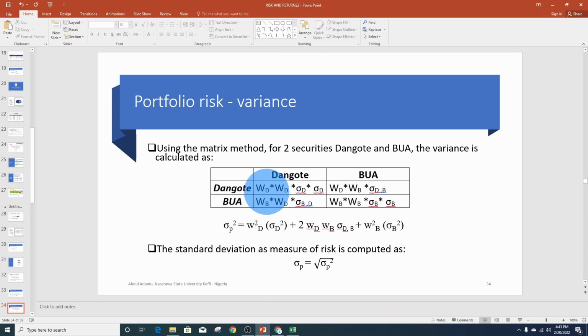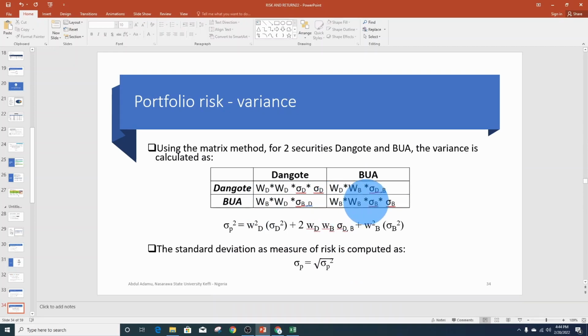So the same thing here and the same thing here. If you look, this gives us W Dangote square, which is this. This gives us this square, which is this variance. If you look at this, WD, WB covariance, WD, WB covariance, these are 2 of them. That is why we have this factor here.